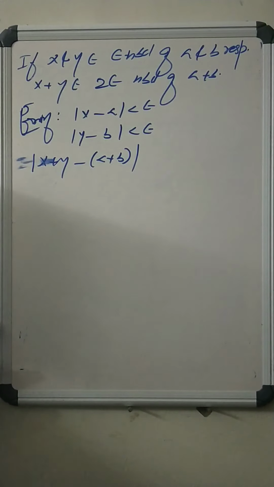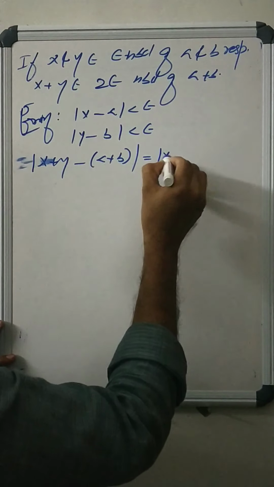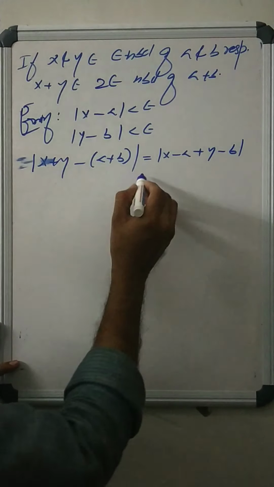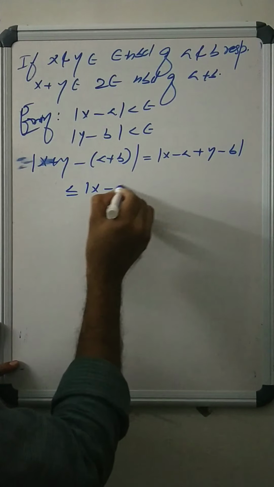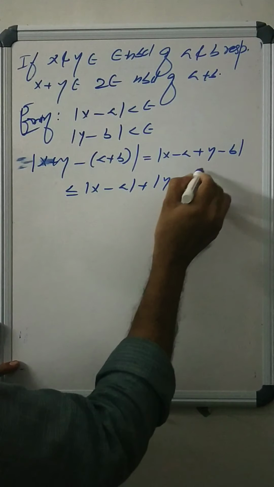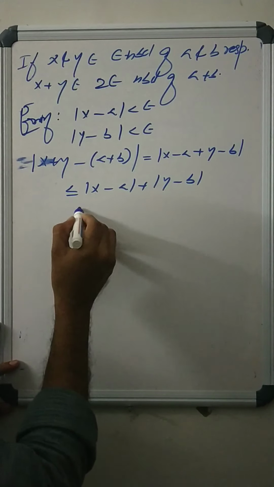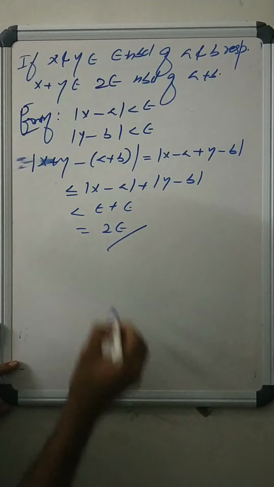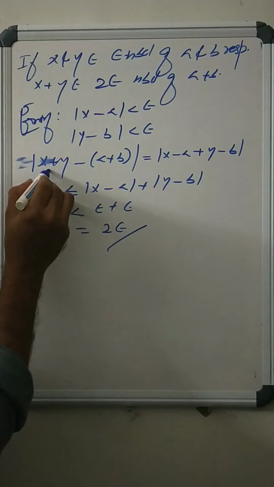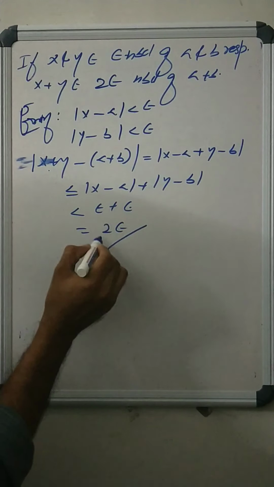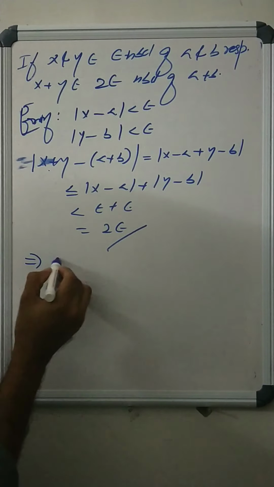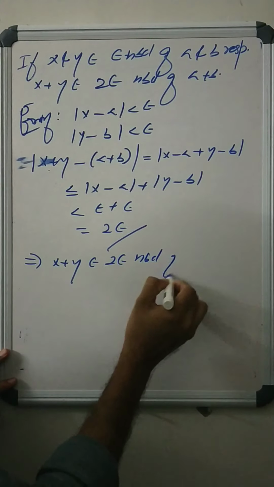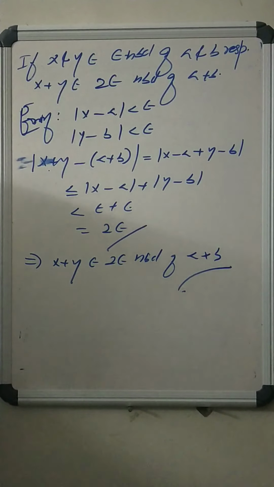It equals modulus of (x minus a) plus (y minus b). Using the triangle inequality, it is less than or equal to mod x minus a plus mod y minus b, which is strictly less than epsilon plus epsilon, equal to 2 epsilon. Means modulus of x plus y minus (a plus b) is less than 2 epsilon. That means x plus y belongs to the 2 epsilon neighborhood of a plus b. So this is our conclusion.